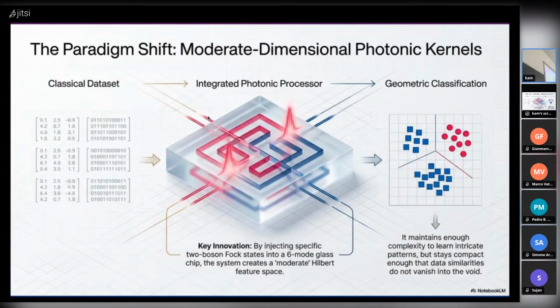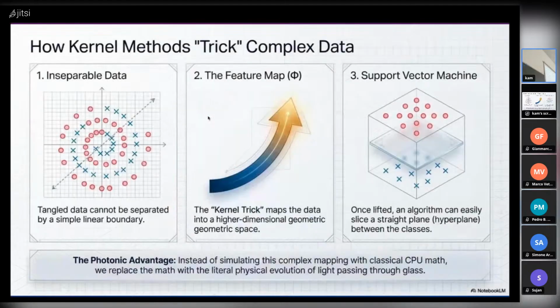You do the experiment, and by sampling the output probability, they can separate which one is bad and which one is good. They got the correct labels of the data. But it's very small: two photons and 6 modes, and the Hilbert space dimension is 21. But it's already done experimentally.